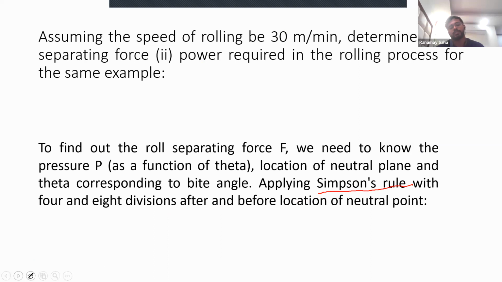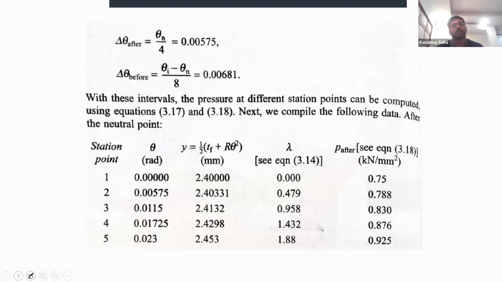If you have some data points, now you have to take a particular range and divide it into a number of segments to get data points before and after the neutral point location.